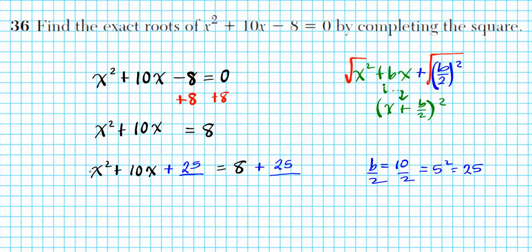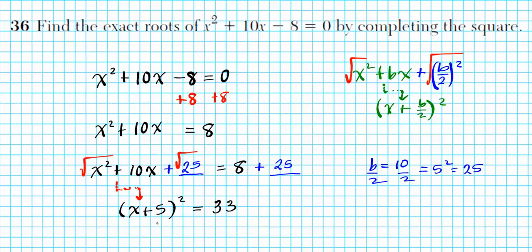I'm going to use the shortcut here with the first term and the last term of your perfect square trinomial. Bring down the middle sign. It's not always plus; sometimes it could be minus. That leaves you with x plus 5 quantity squared equals 8 plus 25 is 33.